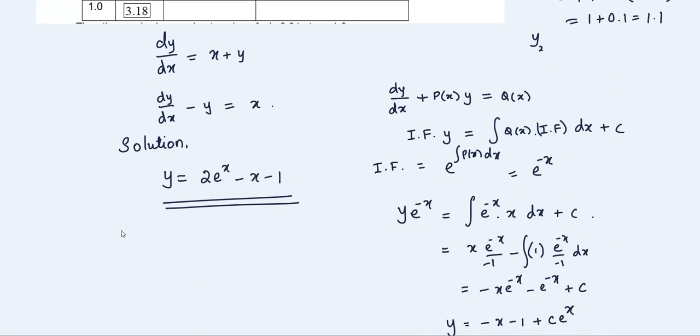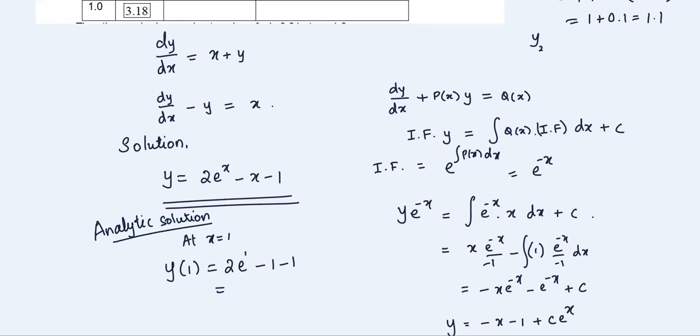So this is the exact solution or analytical solution. Now, at x equal to 1, y value will be 2 e power 1 minus 1 minus 1.